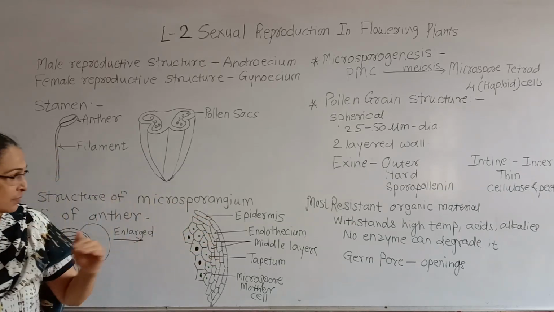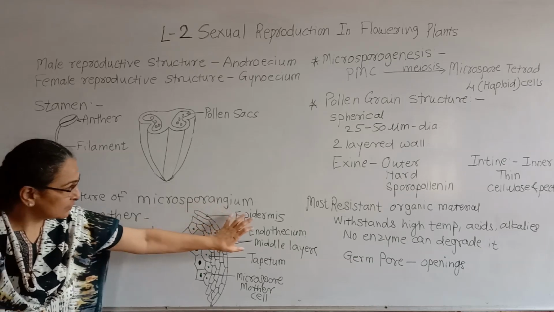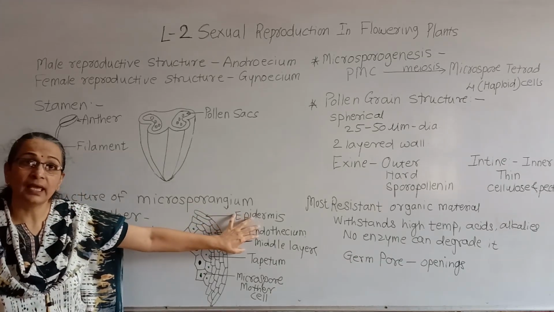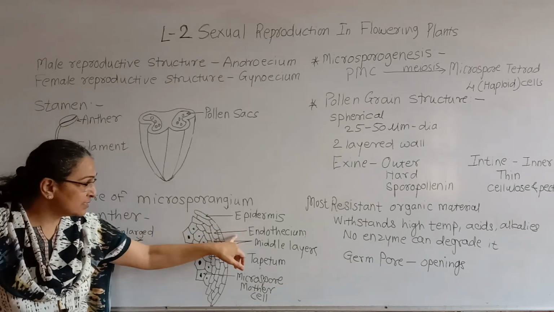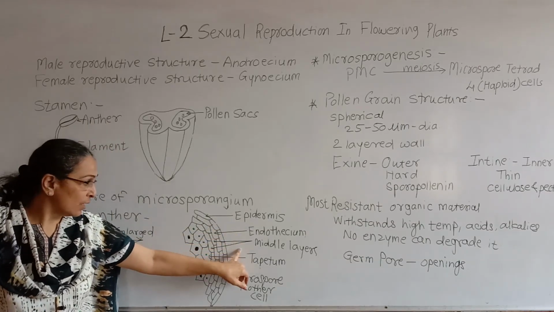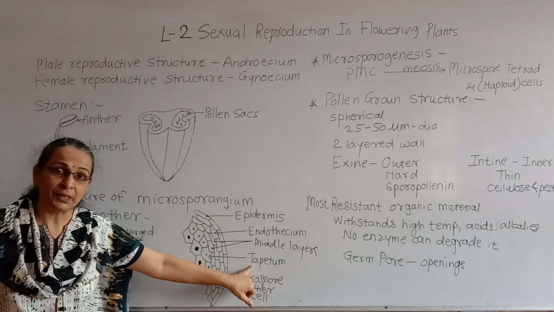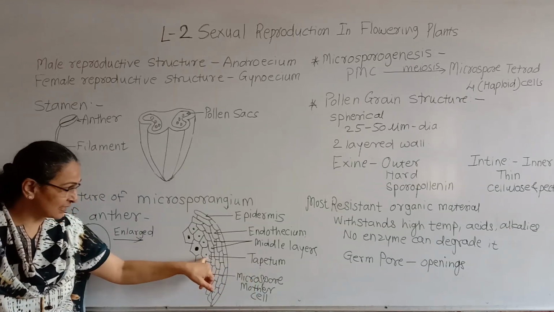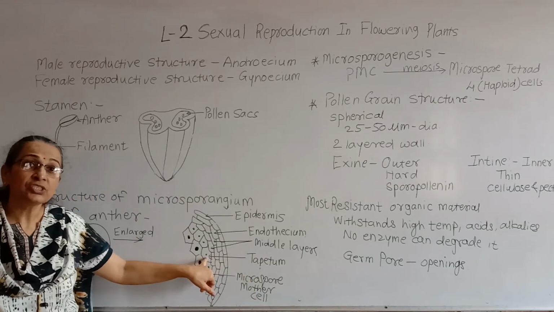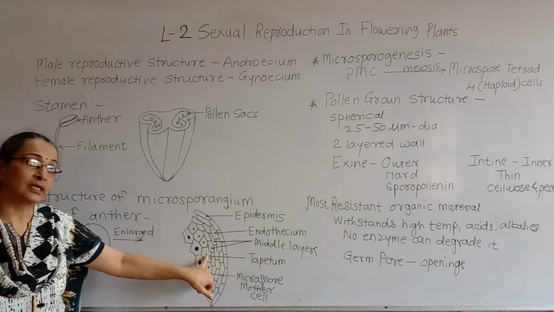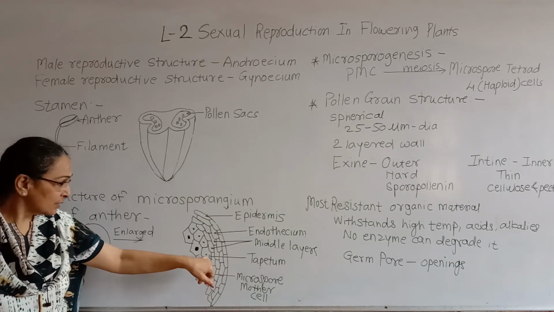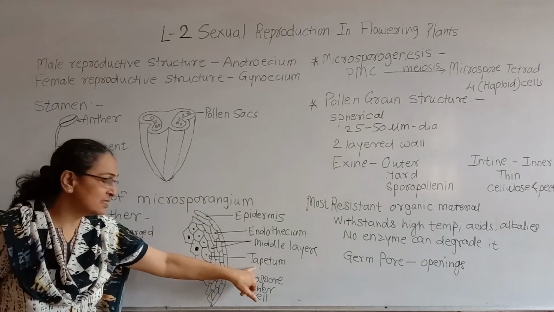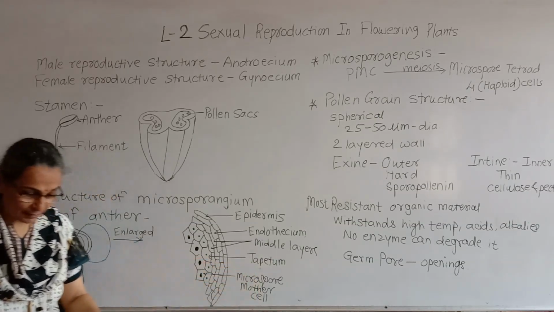When the anther matures, these 3 layers help in breaking open the anther and releasing the pollen grains. The function of the tapetum, this layer, is nourishing the pollen grains. When the pollen grains are developing, they are nourished by this layer, the tapetum.